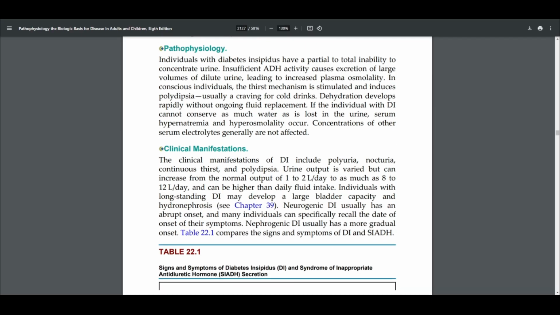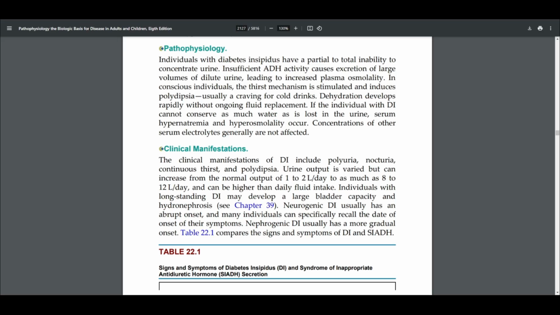Now the pathophysiology. Individuals with diabetes insipidus have a partial to total inability to concentrate urine. Insufficient ADH activity causes excretion of large volumes of dilute urine, leading to increased plasma osmolality.